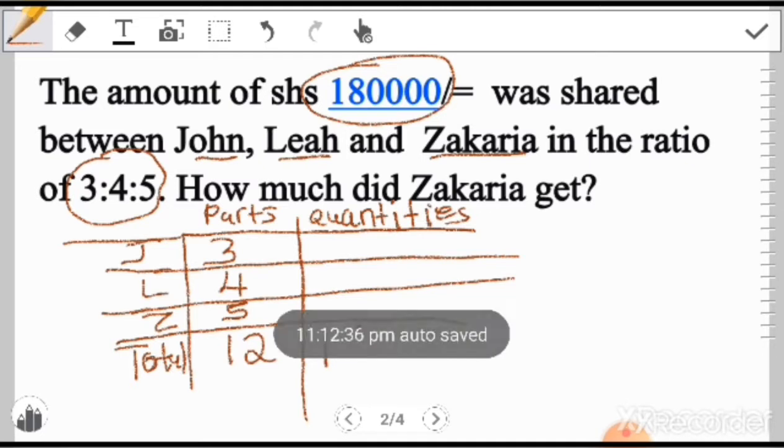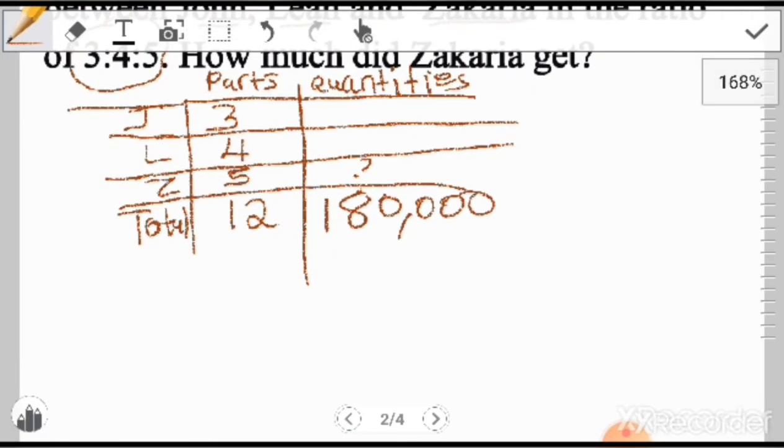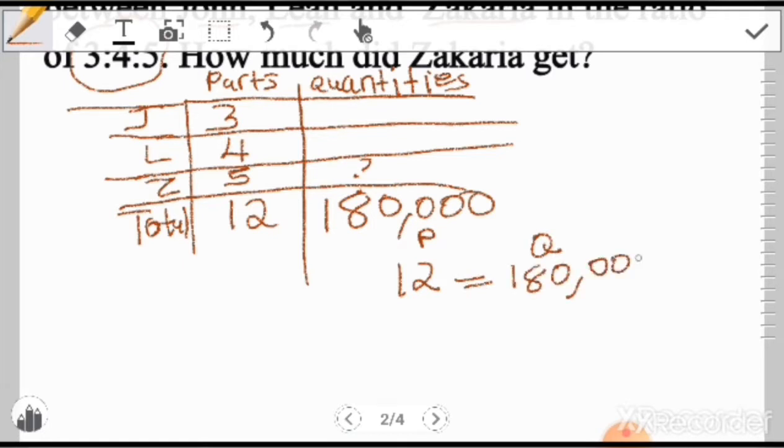So we have 180,000 shillings here. How much did Zachariah get? So Zachariah is here. Then as usual, we have parts, we have quantities. 12 parts go with 180,000 shillings.